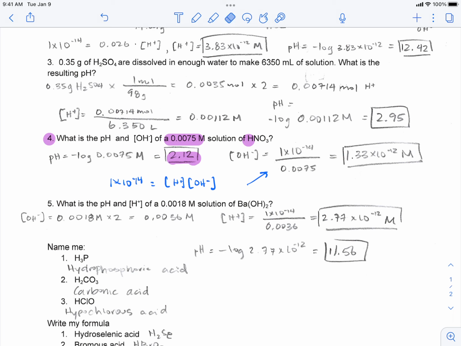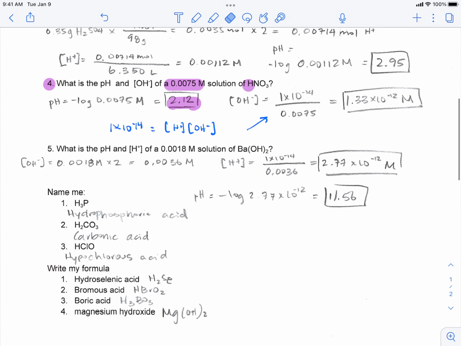If you look at the next problem, number 5, what's the pH and H plus of a 0.0018 molar solution of BaOH2? Well, notice this one has the OH in it, so its concentration is going to be the concentration of OH minus this time. But there are two of them. Notice how it says OH2. So I'm going to multiply that number by 2, which I did right here.